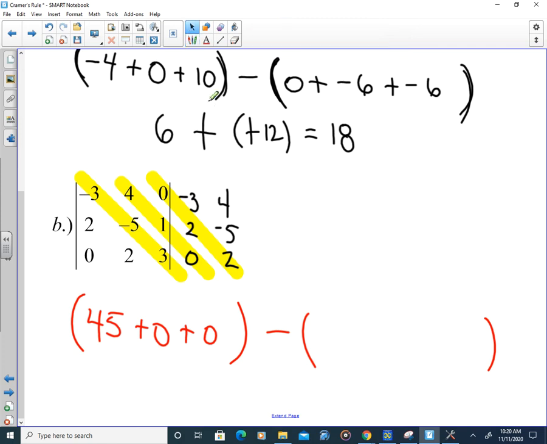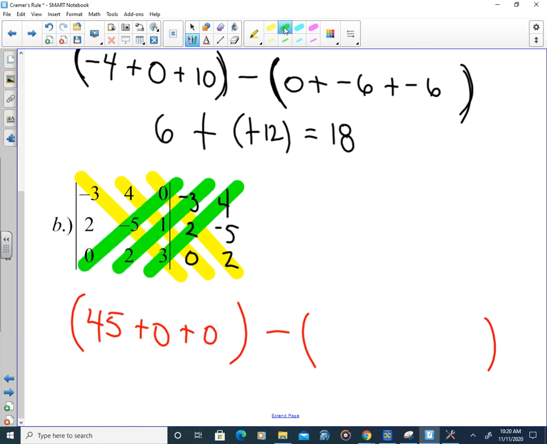So to get that other quantity, we're going to use the other diagonals that go from right to left. So multiply these, multiply those, and multiply those. So let's do the first one. 0 times negative 5 times 0 is 0. 2 times 1 times negative 3 is going to be negative 6. 3 times 2 times 4 is going to be 24.